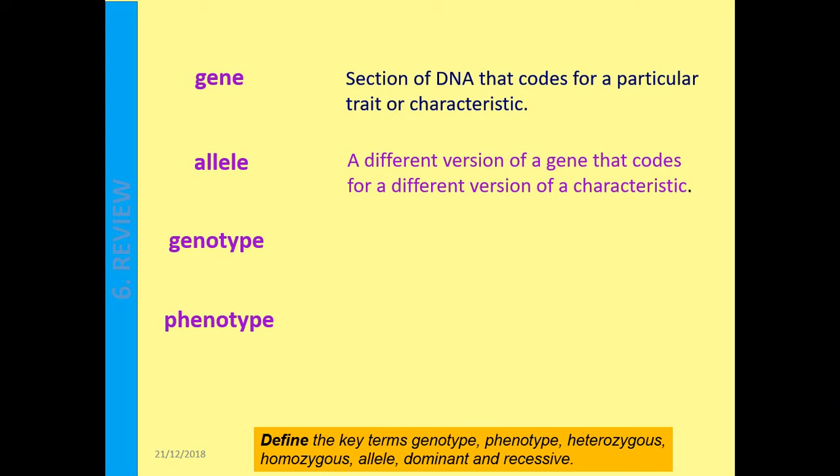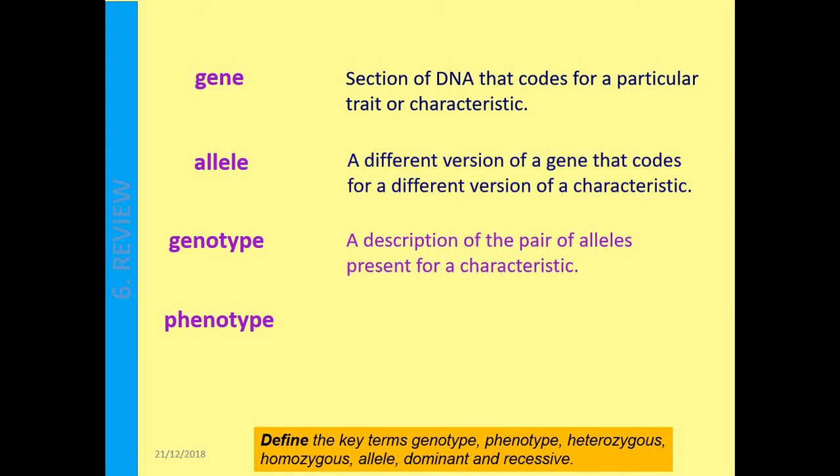The genotype is the pairing of alleles, so this could be big R, big R, big R, little r, and little r, little r. They're the 3 genotypes. And the phenotype is how the plant physically looks. So red petals or yellow petals. Let's look at the other 4 words that we looked at.